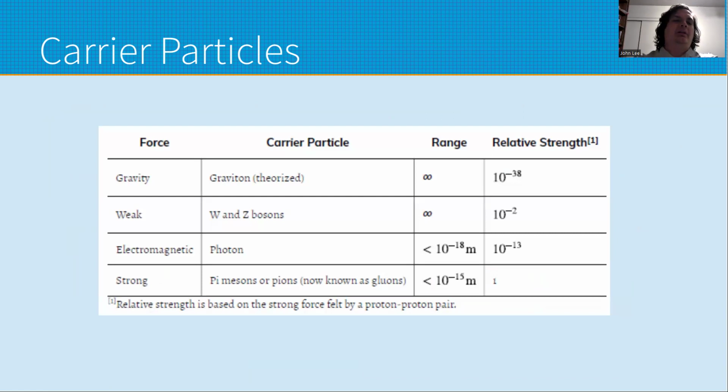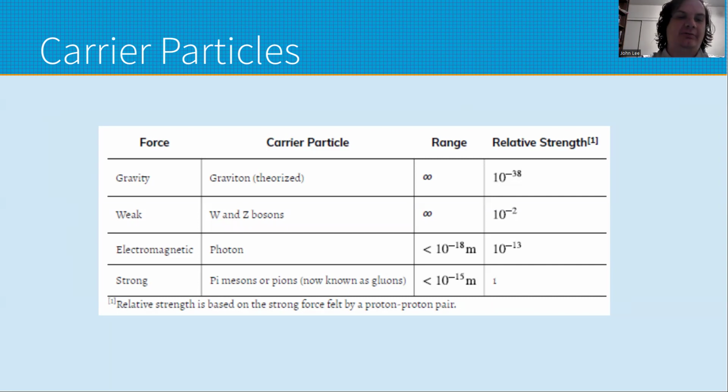So there are four fundamental forces, and there are four carrier particles: the graviton, the W and Z bosons, the photon, and the pi mesons, which are now called gluons.